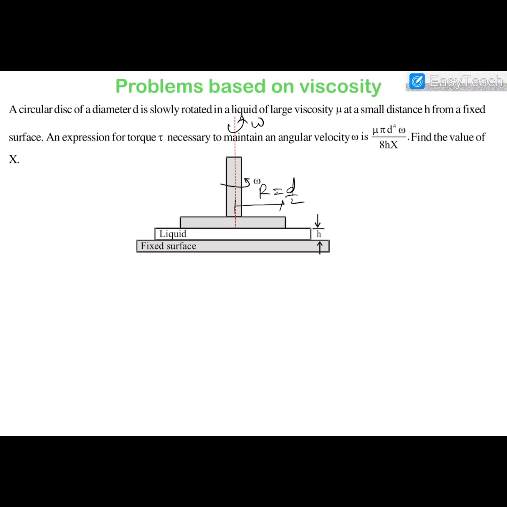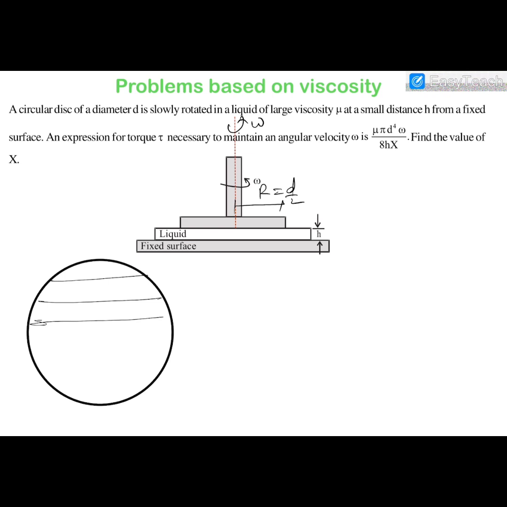So let us first of all draw the cross-sectional view of the disk. This is the disk, and there is a liquid layer on the disk, obviously. Now we also know that if the angular velocity of the disk is omega, then each point is at a different distance from the center of the disk. Let us draw that point.